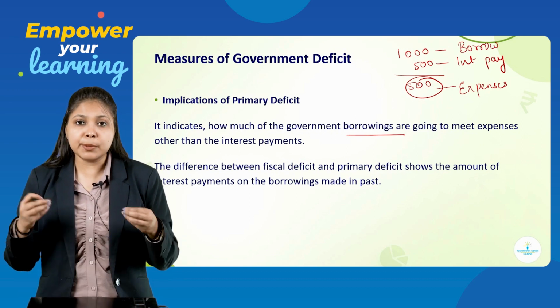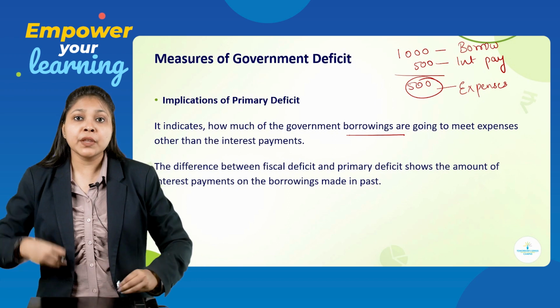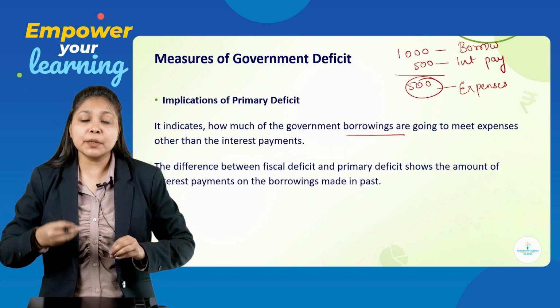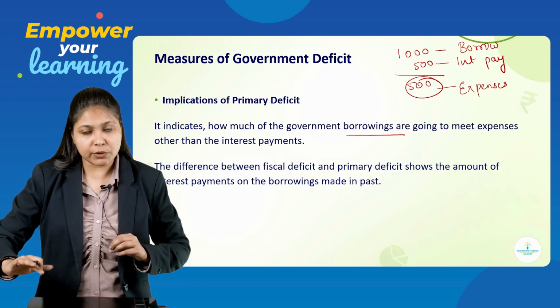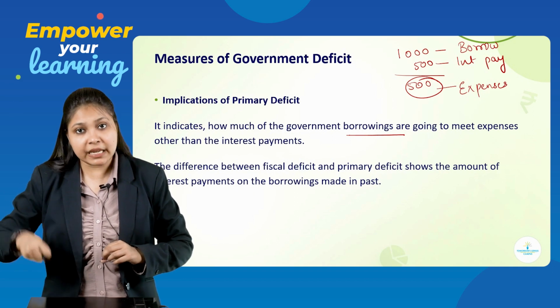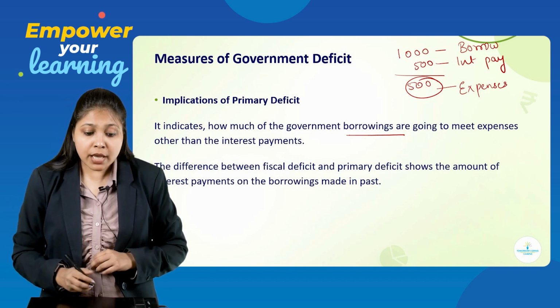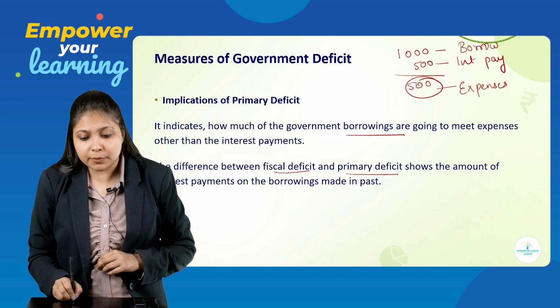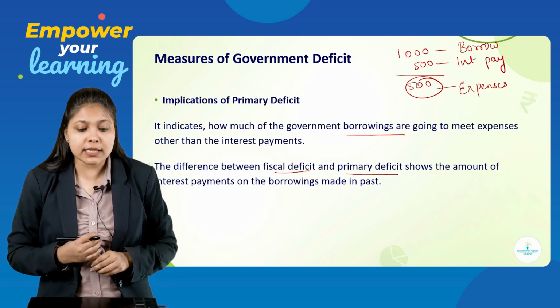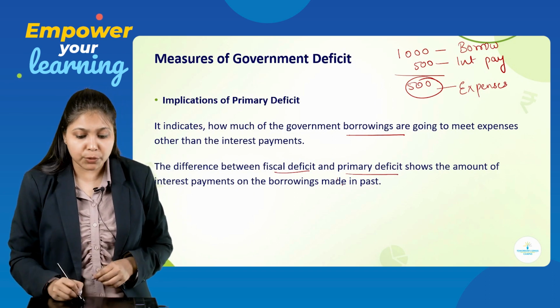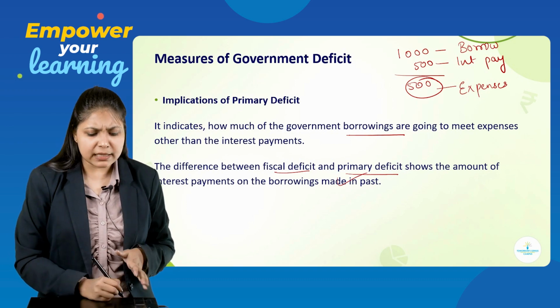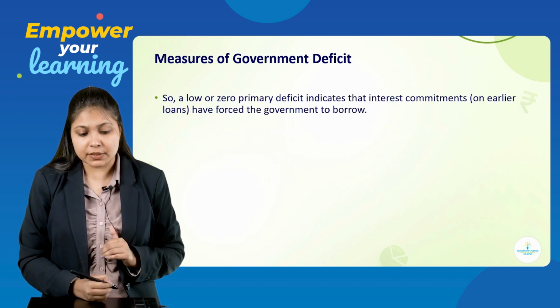So basically primary deficit shows you how much of the government borrowings will be going for interest payment and how much will be left out for other expenses. So the difference between fiscal deficit and primary deficit shows the amount of interest payment on borrowing made in the past. Very simple, fiscal deficit and primary deficit.